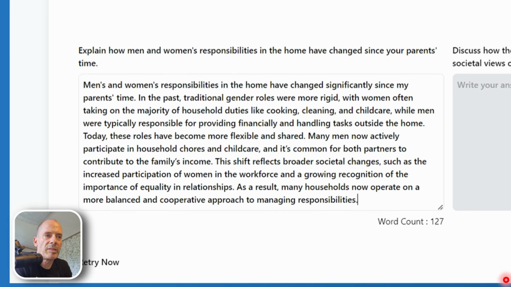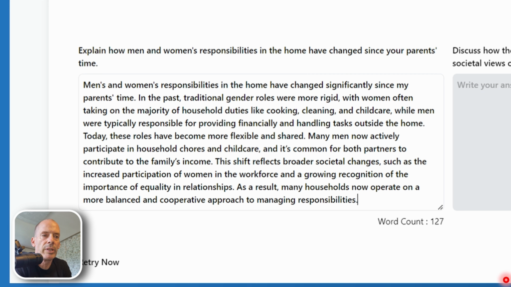Men and women's responsibilities in the home have changed significantly since my parents' time. In the past, traditional gender roles were more rigid, with women often taking on the majority of household duties like cooking, cleaning, and childcare, while men were typically responsible for providing financially and handling tasks outside the home. Today, these roles have become more flexible and shared.